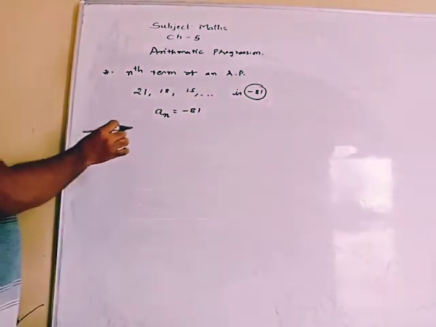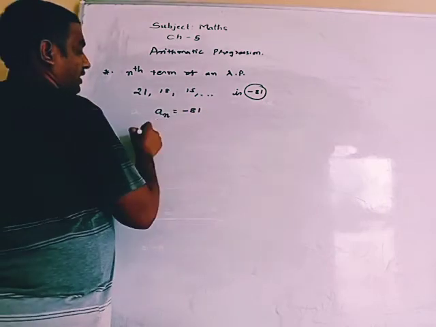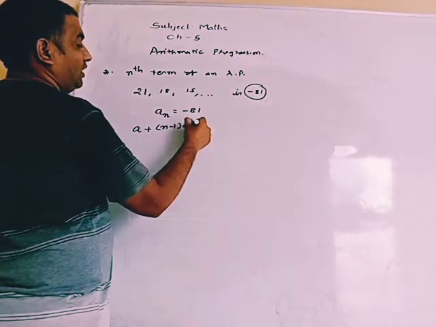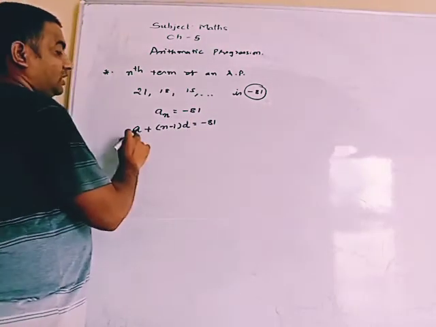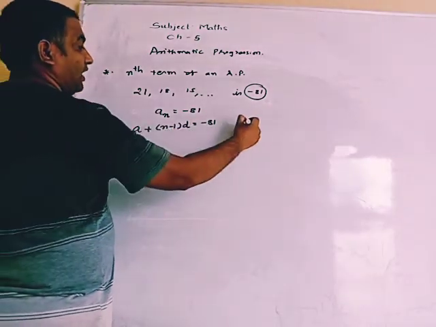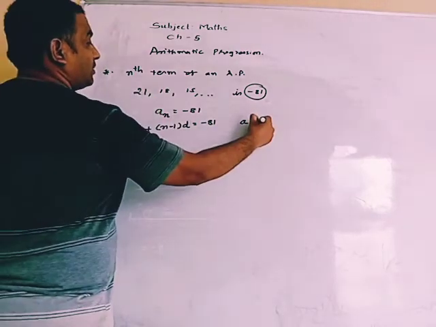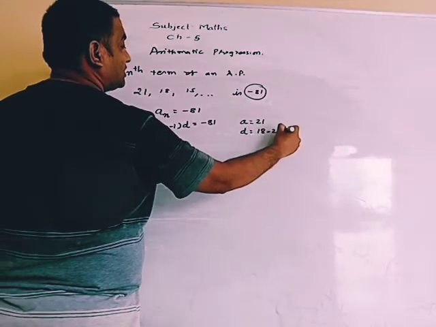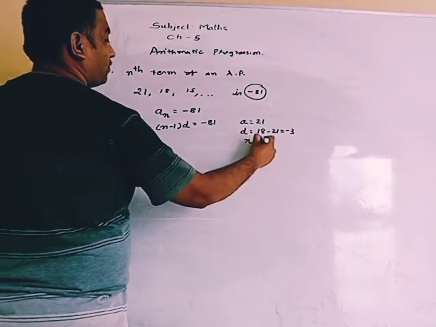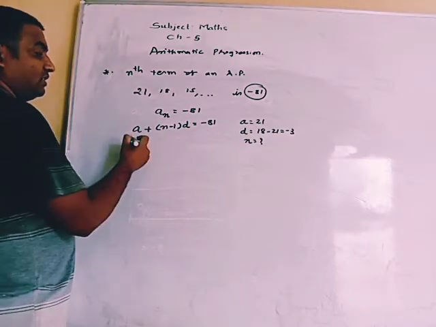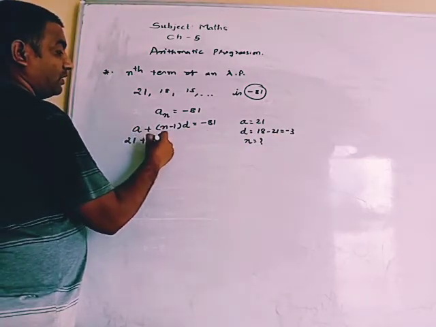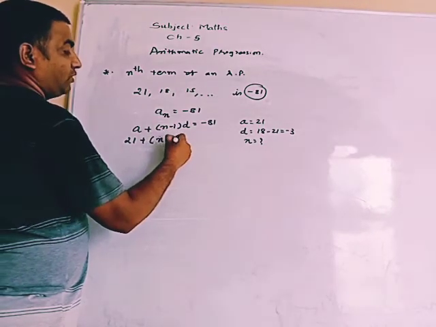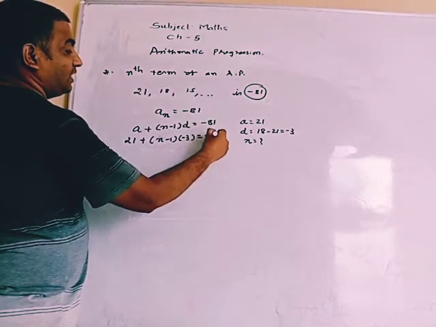The formula is a plus (n minus 1) into d equals minus 81. We list a, d and n: a equals the first term, 21; d equals 18 minus 21, that is minus 3; and n we have to calculate. Substituting these values, 21 plus (n minus 1) into minus 3 equals minus 81.